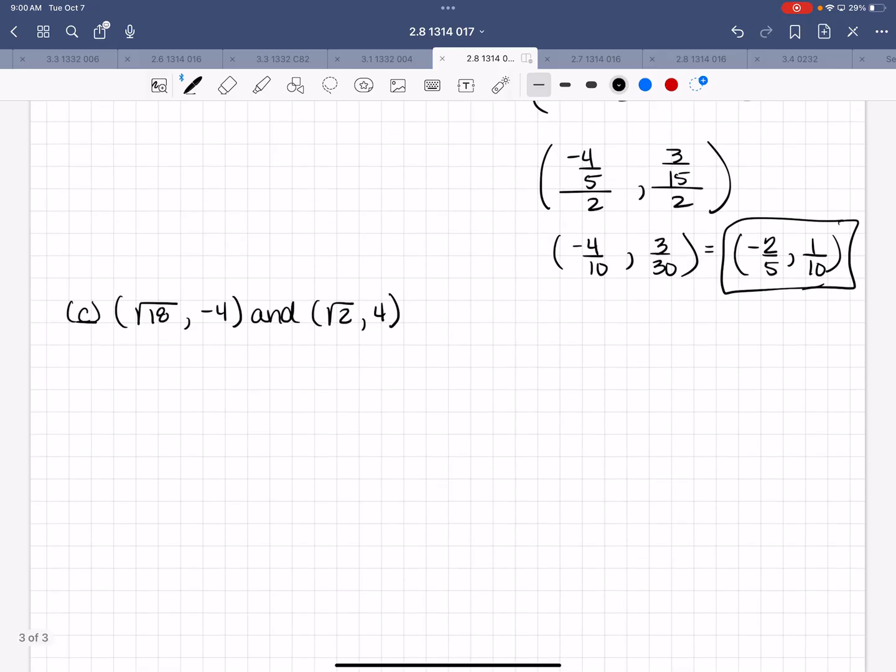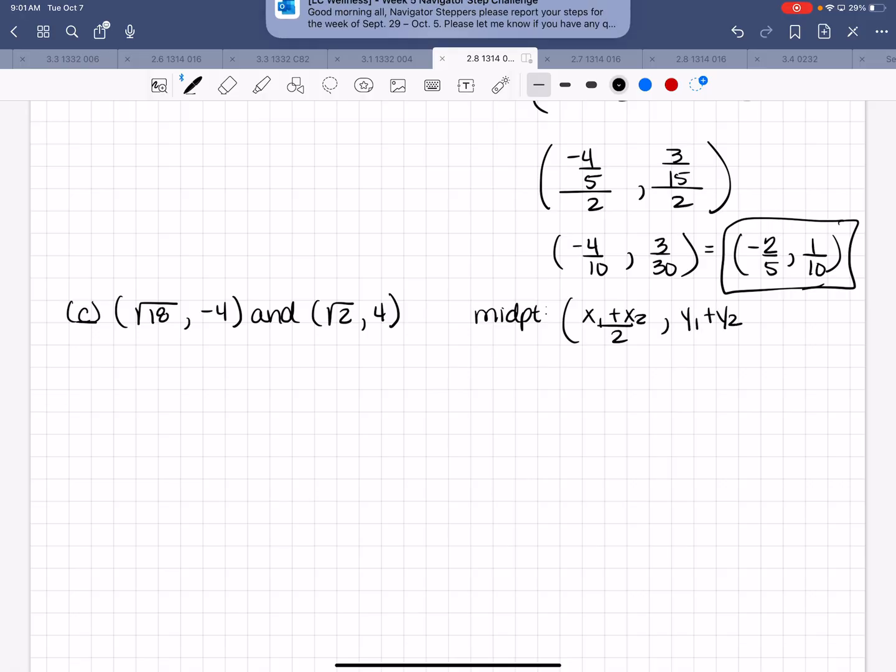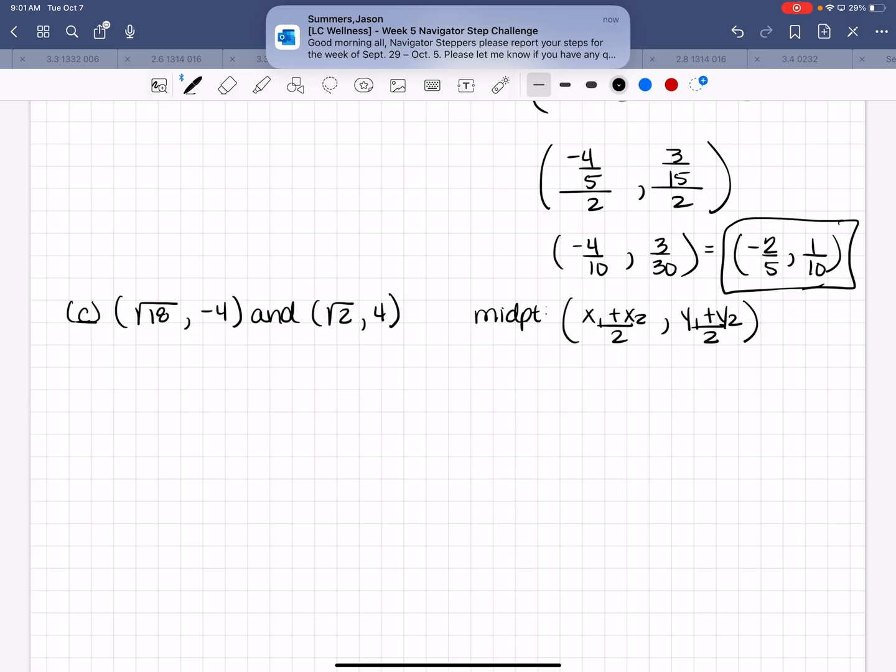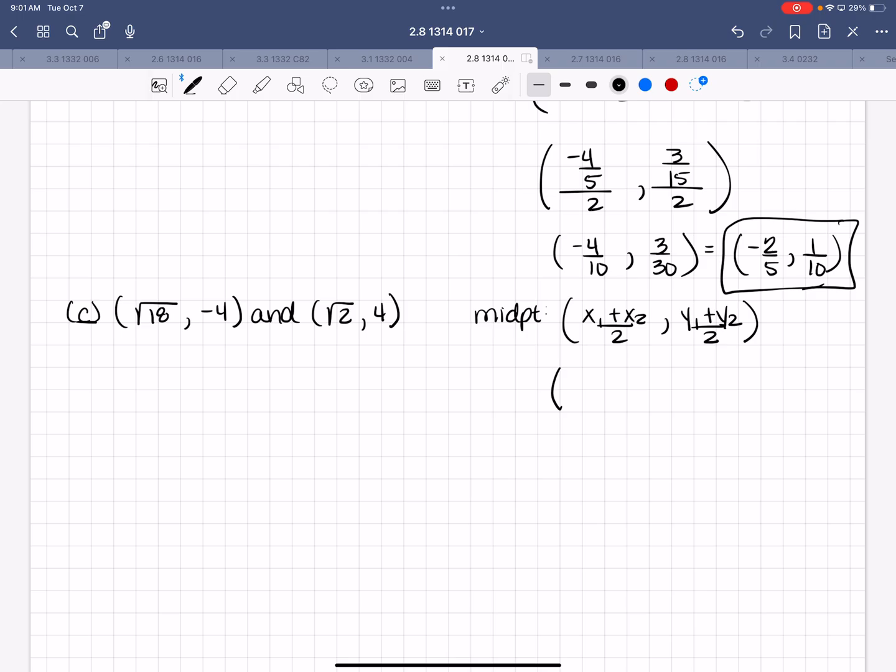So I have the midpoint formula, of course, (x1 + x2)/2 and (y1 + y2)/2. That's going to give me (square root of 18 plus square root of 2) all over 2 and (negative 4 plus 4) all over 2.